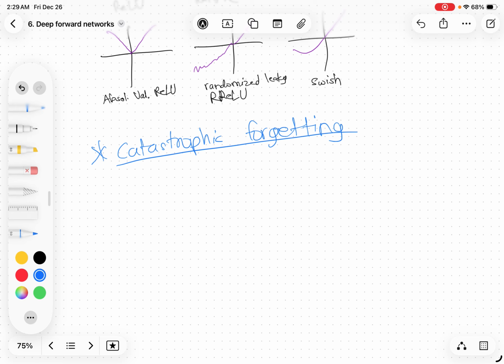This happens when your model fails to strike a balance between stability and plasticity. Stability is your model's ability to have a good grasp of what it has learned. Plasticity is the model's ability to learn new concepts. When your model becomes a little too plastic, it loses all its previous learnings.